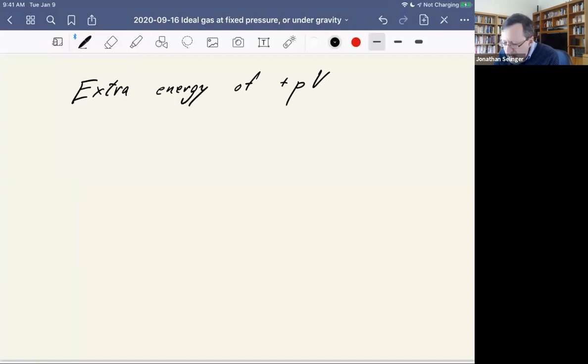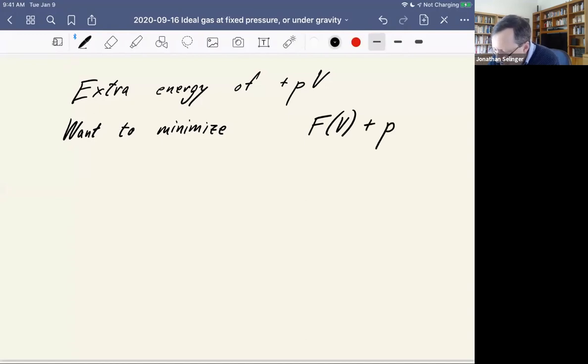So the thing that we want to minimize is not the free energy by itself, but the free energy with this extra term that represents the interaction with the pressure. So we want to minimize not just the free energy as a function of volume, but plus the pressure times the volume.